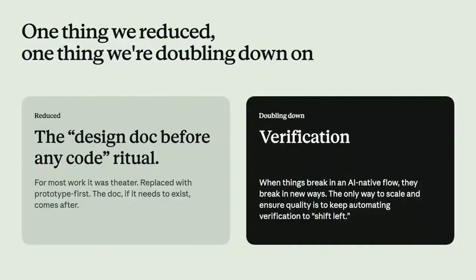I talked a lot about what we reduce in planning. On Claude Code, we have definitely reduced the design doc before every code ritual. Certain teams, and certain scenarios, still need design docs, especially for async discussions. But on Claude Code, most of our discussions happen in a PR instead of a doc. We have a saying: we've got an idea, go prototype.